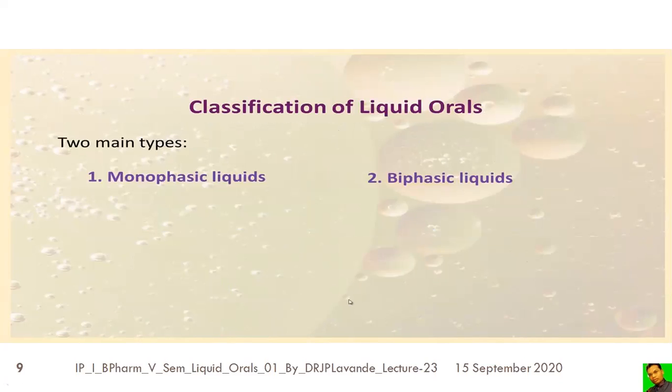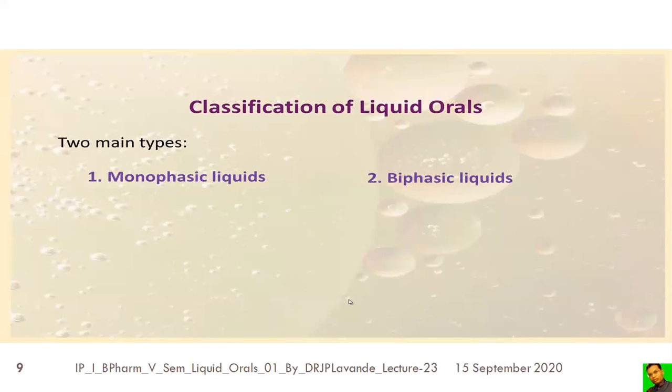Now, if you want to classify the liquid orals, there are two different types by which we can classify, based on the phases of the liquids. When there is a single phase, these types of liquid dosage forms are said to be monophasic liquids.